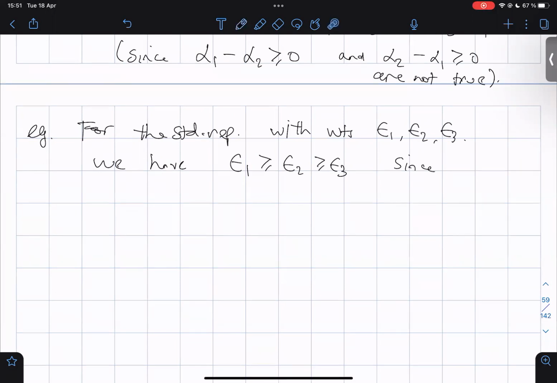Okay, so why? Well, to show the first one, you're supposed to take the difference. So epsilon 1 minus epsilon 2, but that's just alpha 1, right? So when I write out this result in terms of the alpha 1, alpha 2 basis, it's 1 times alpha 1 plus 0 times alpha 2. Both of those coefficients, 1 and 0, are non-negative.